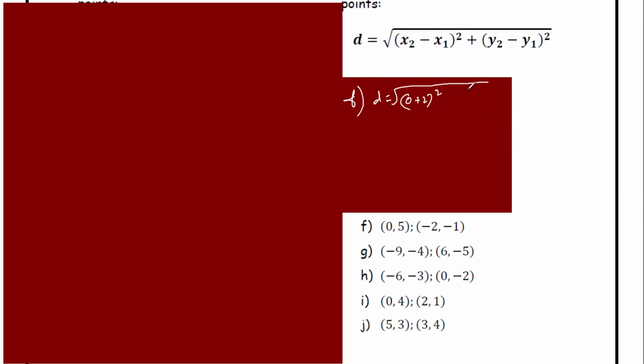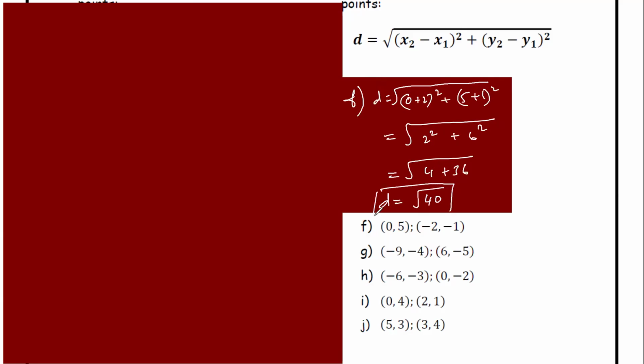And 5 minus of minus 1 is 5 plus 1, the whole thing squared, which is equal to root of 2 square plus 6 square. That's root of 4 plus 36. That's root of 40. That's my answer for F.